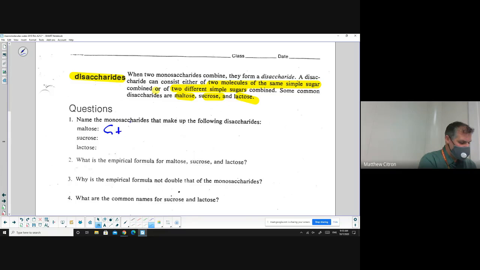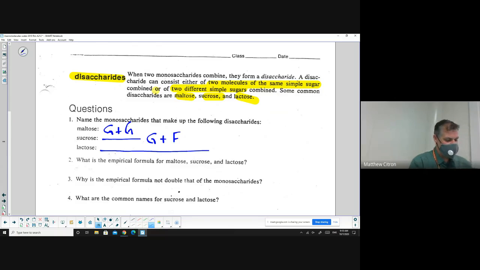So glucose plus a glucose. And sucrose is a glucose plus a fructose. And lactose is a glucose plus a galactose.